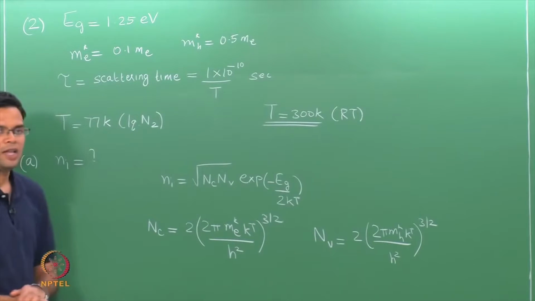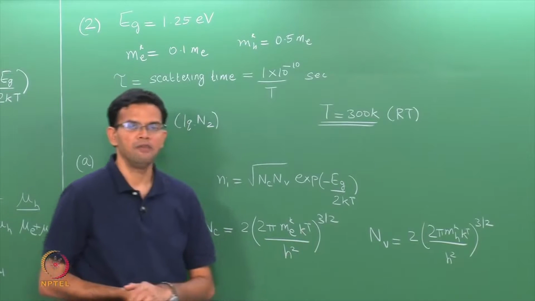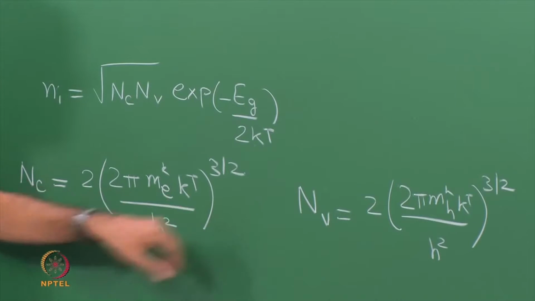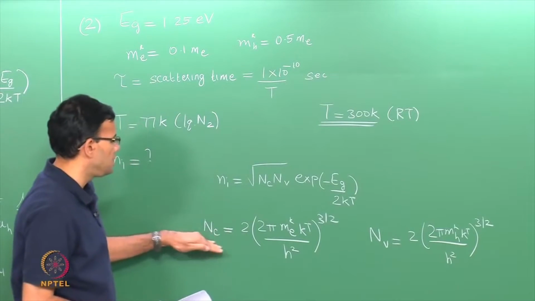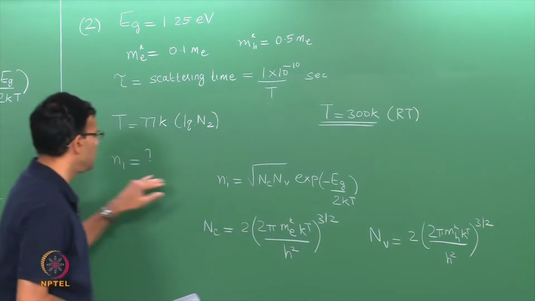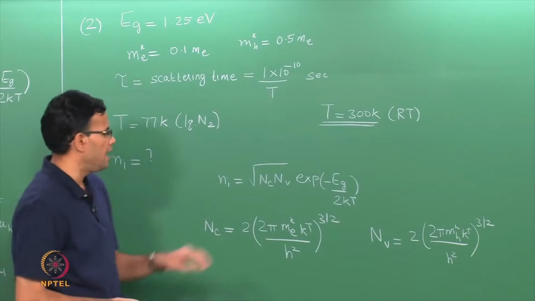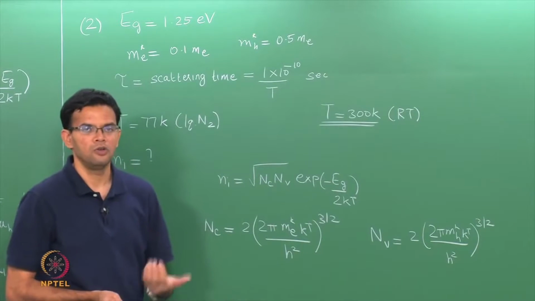So, we have the values for Nc and Nv. Again we see both are temperature dependent; they are proportional to T to the power 3 over 2. Once we calculate Nc and Nv for both temperatures, we can plug in here and calculate the value for Ni.